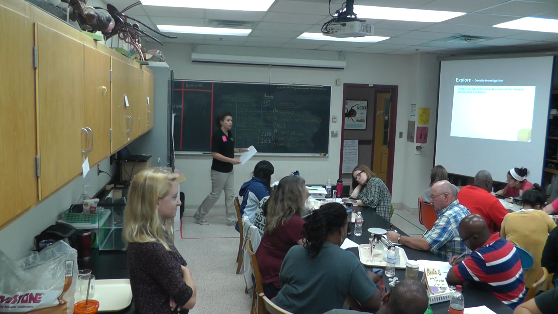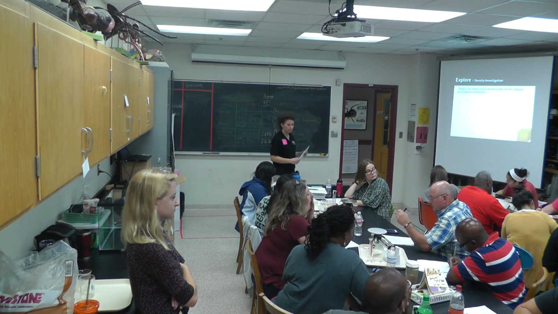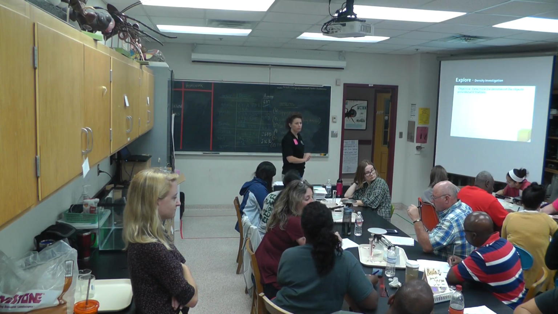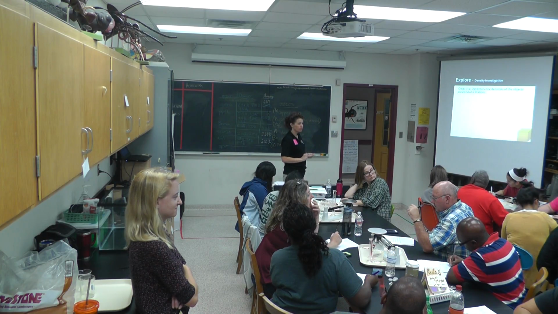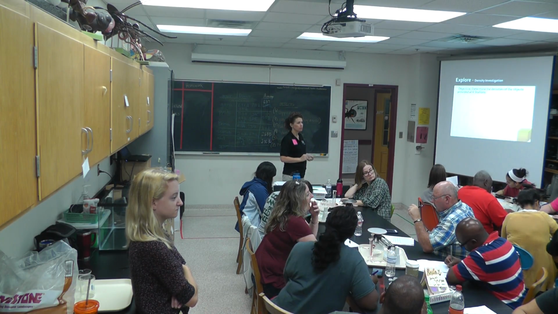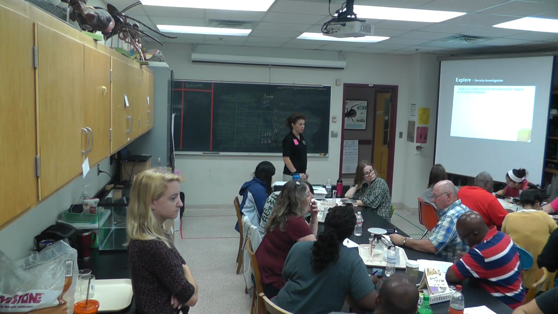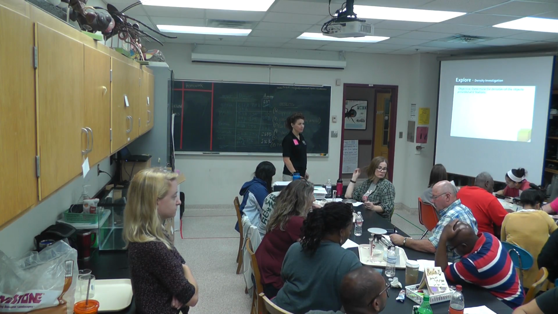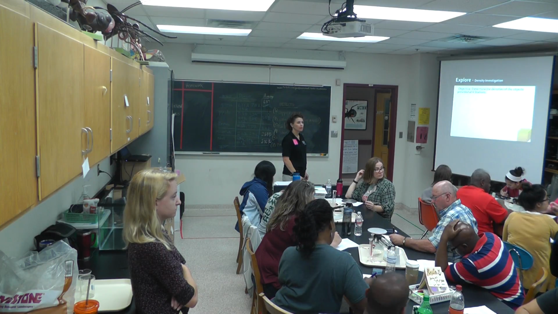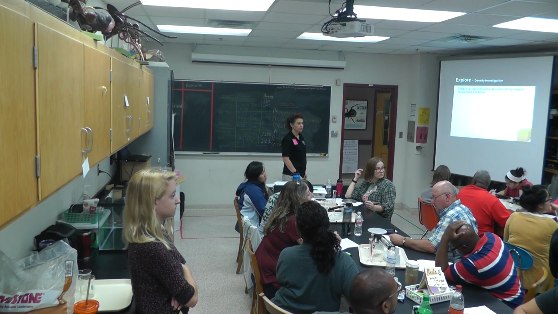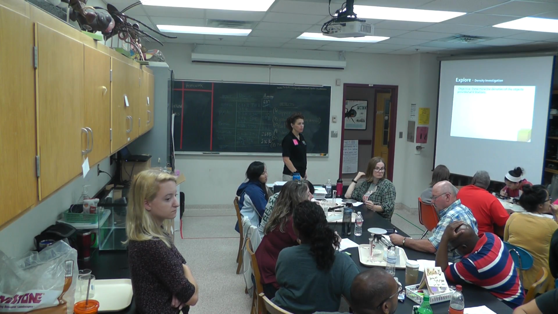I have a question. When you're comparing the densities, and you have the grams per milliliter and grams per centimeter cubed, how are you comparing using two different units of measure?